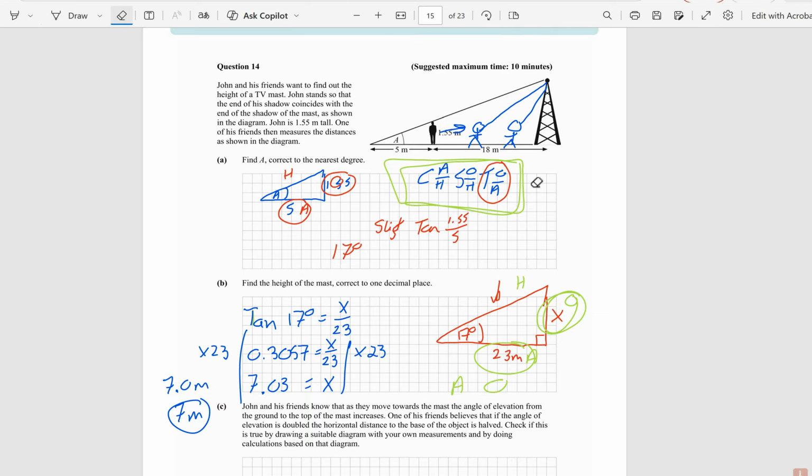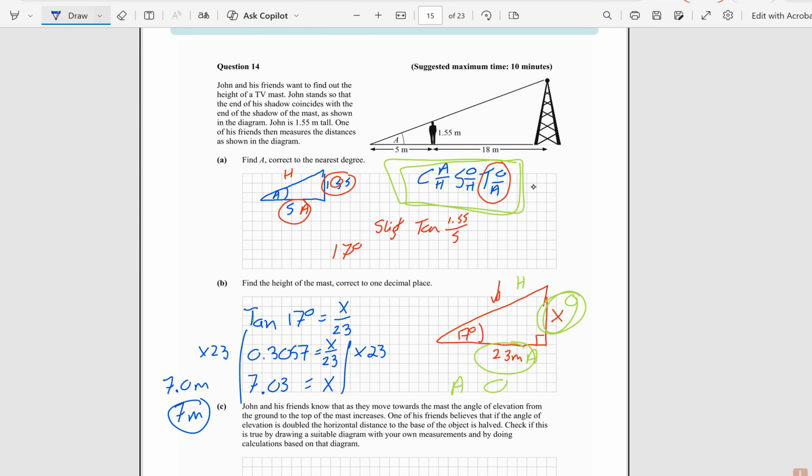One of John's friends believes the following. So he believes that if the angle of elevation is doubled, the horizontal to the base of the object is halved. So let's say John is here, and the angle of elevation is, I'm going to make it up, 20 degrees. And from here, where he's standing, to here is 18.